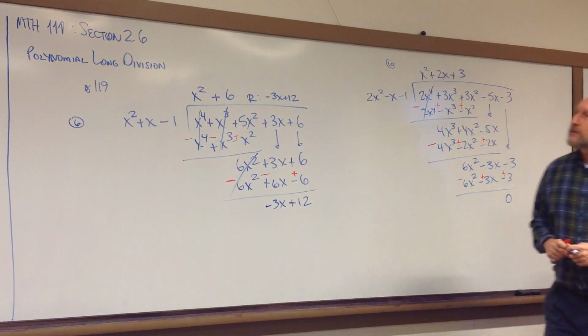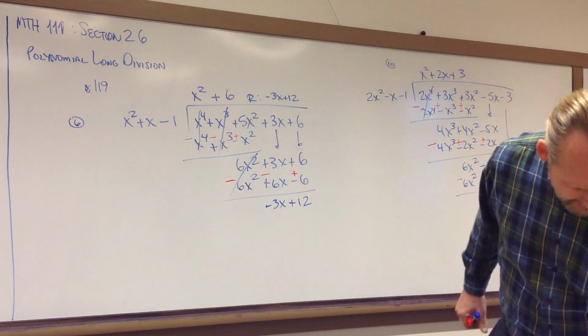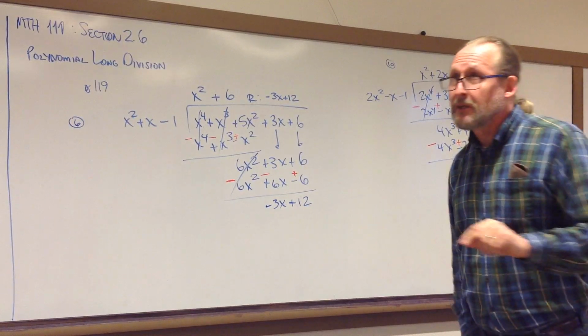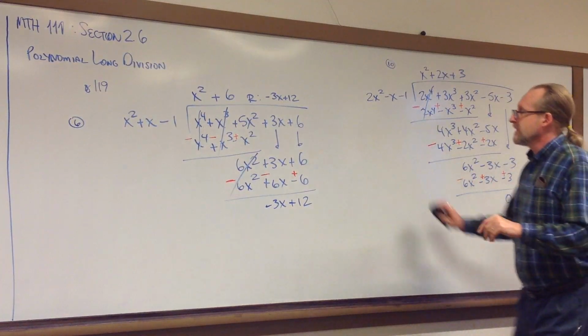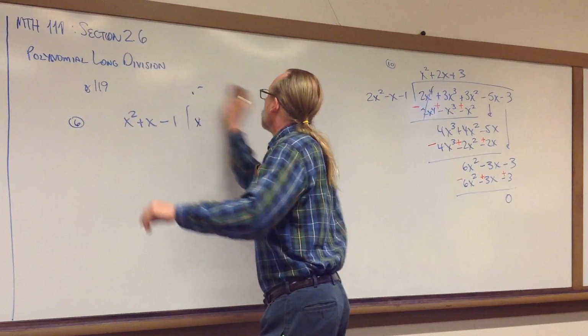So that's how we do polynomial long division. I think we can stop there. Well, let me look at one more. Let's look at problem 14, because there's something in problem 14 that we haven't seen before.